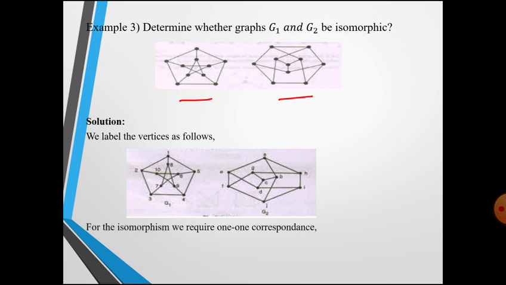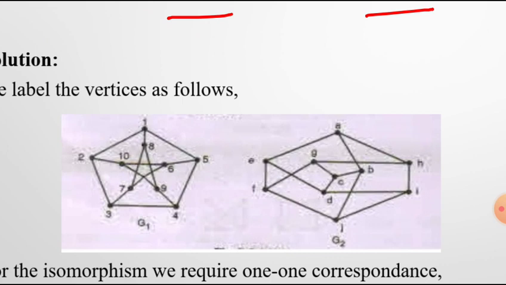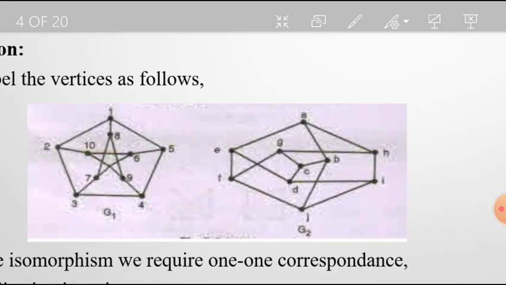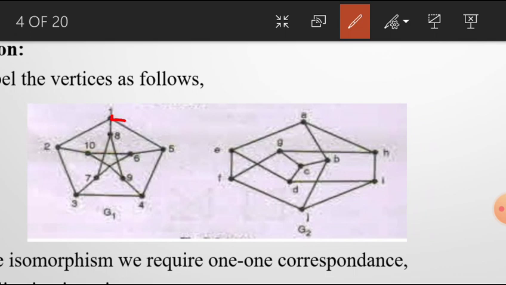Okay. Now first we check the number of vertices and number of edges between these two graphs. The number of vertices and number of edges in these two graphs are the same. Therefore, we go to finding the one-to-one correspondence between these two graphs G1 and G2. For that purpose, we define a bijective correspondence, that is, the first vertex 1 goes to A. Since the degree of 1 is 3, the degree of A is 3.